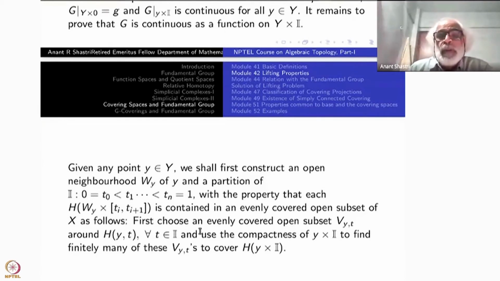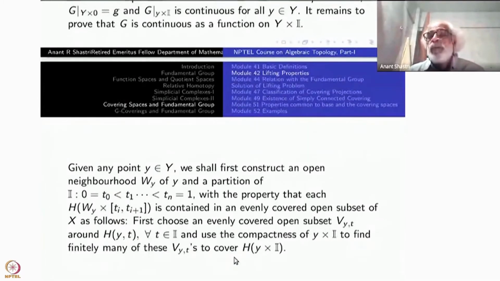First of all, choose an evenly covered open subset V of y, t for each point H of y, t, by continuity of H, for every t inside I. You can choose a neighborhood which is evenly covered wherever it goes, and use the compactness of y cross I to find finitely many of these to cover H of y cross I. Y cross I is compact, so H of y cross I is compact.